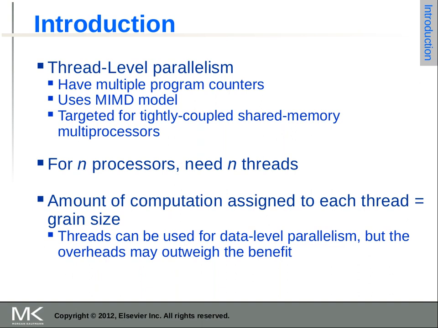One thing to keep in mind is they can be used for data level parallelism, but the overhead may outweigh the benefit. Have any of y'all done thread programming before? Tons. You did it in OS. So the thing about threads is you have to create the thread, set it up, and then fork it or make it go.